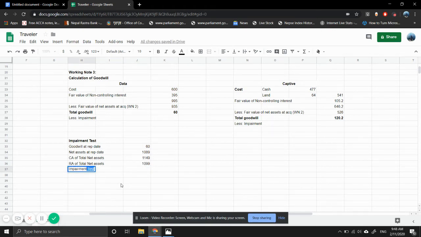Carrying amount is greater than recoverable amount, impairment is this minus this, right? So 50 was the impairment. So since this is a total goodwill method, we can allocate it directly to this. So impairment will be there. So goodwill at reporting date will be this minus this 10, right? So impairment test for same thing.